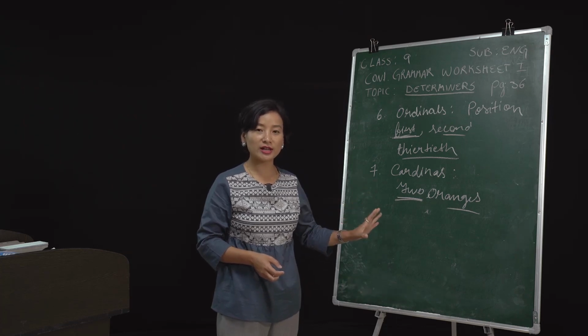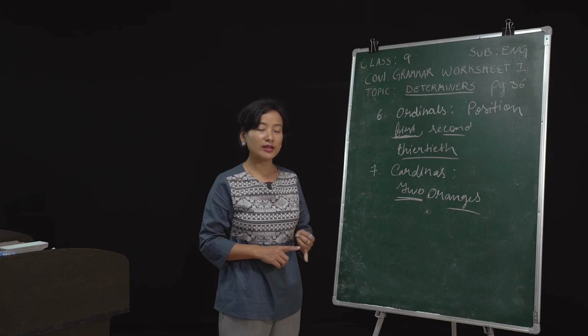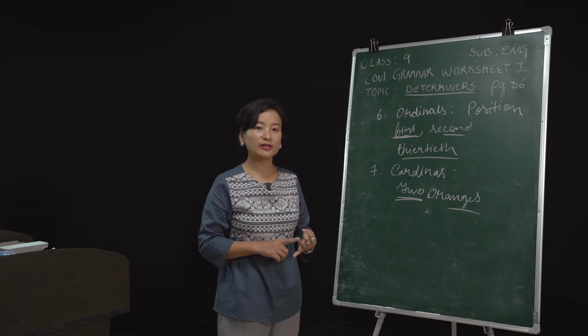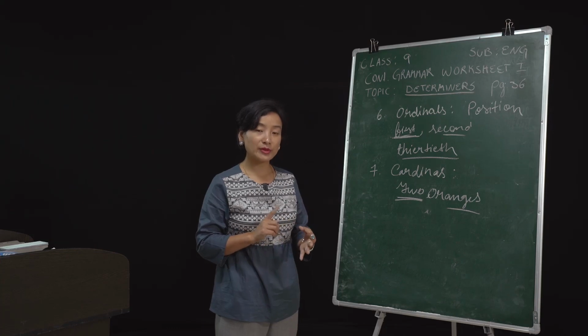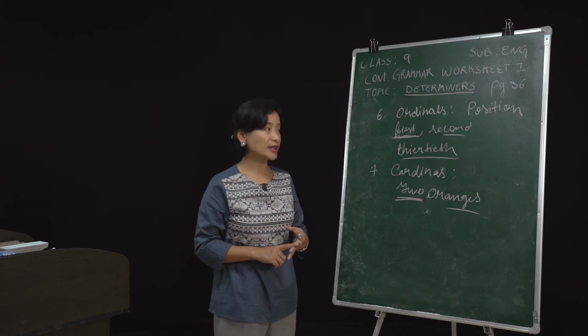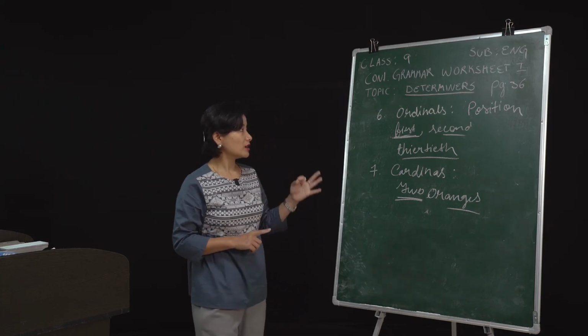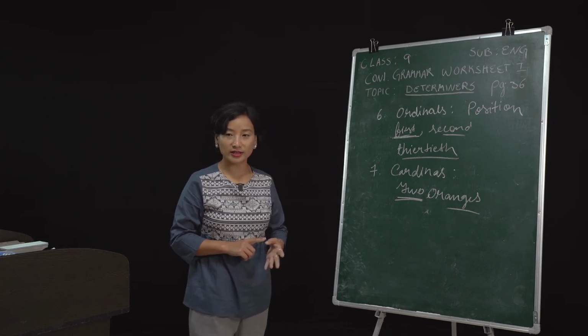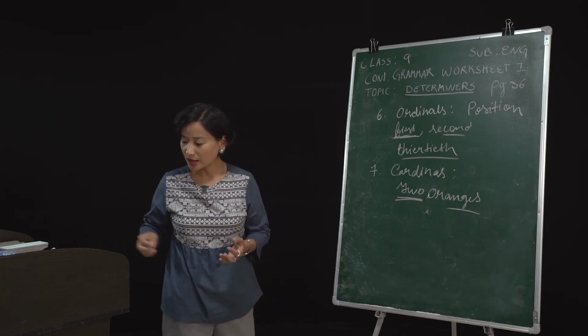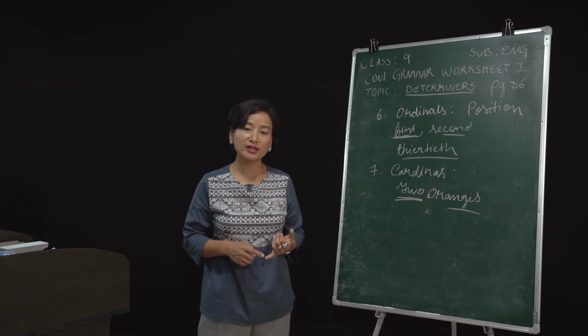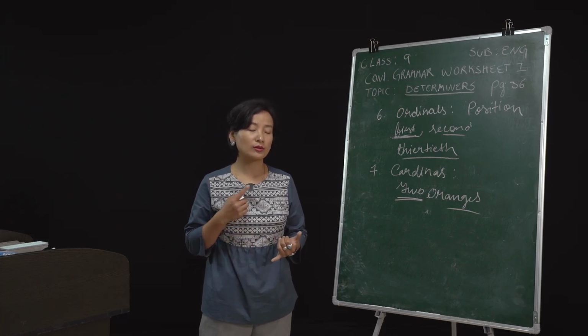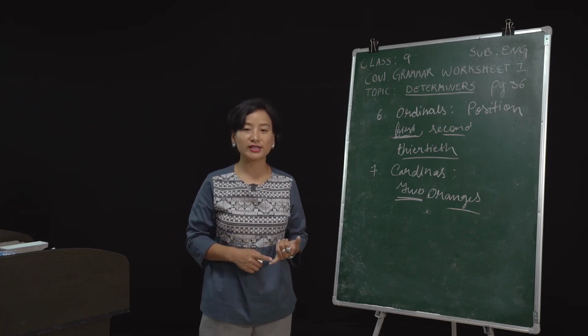So the determiners are articles, all right, the demonstratives and the possessives, or in this case, possessive pronouns, all right, and we have the ordinals and the cardinals. And yes, of course, we also have the quantifiers or the frequencies.